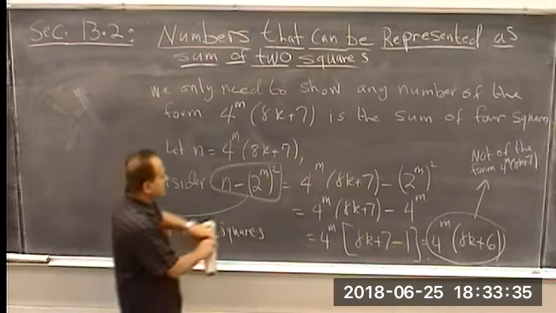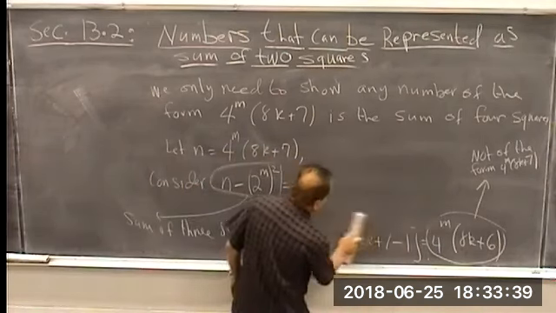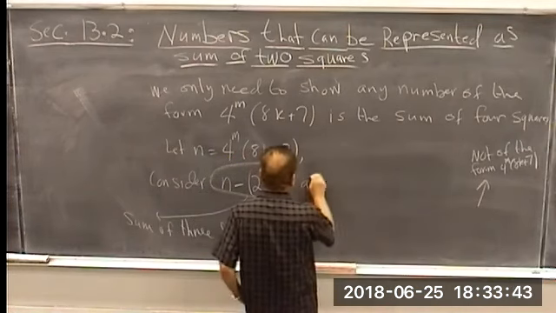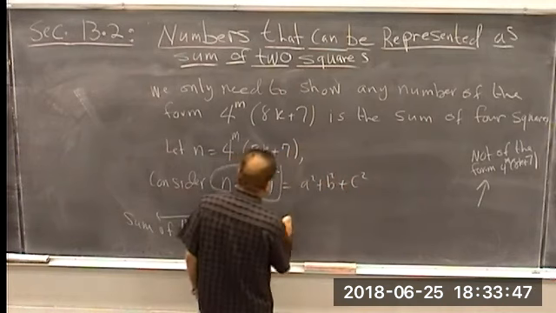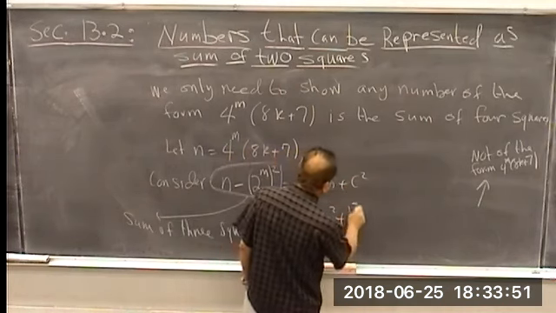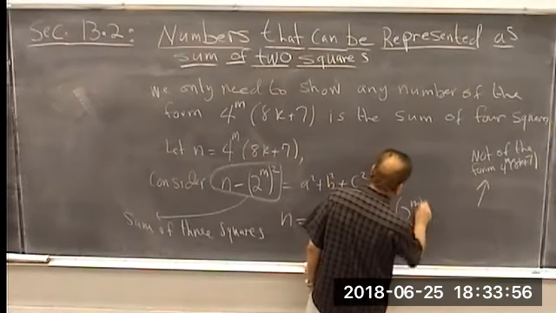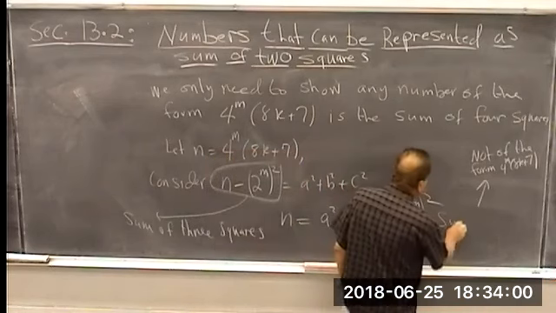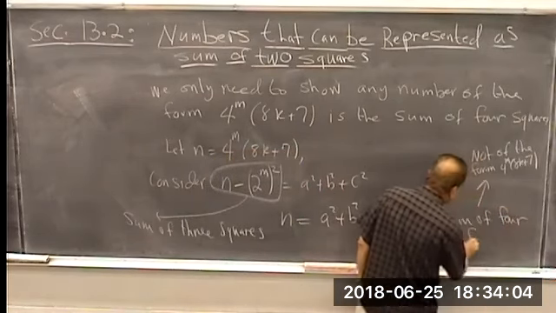So this means that I can write this as a sum of 3 squares, a squared plus b squared plus c squared. And then taking the 2 to the m squared to the other side, this becomes a squared plus b squared plus c squared plus (2 to the m) squared, and this is a sum of 4 squares.